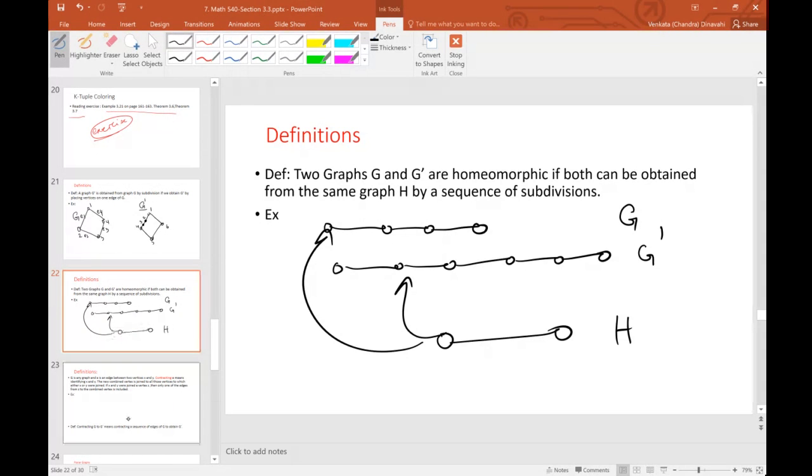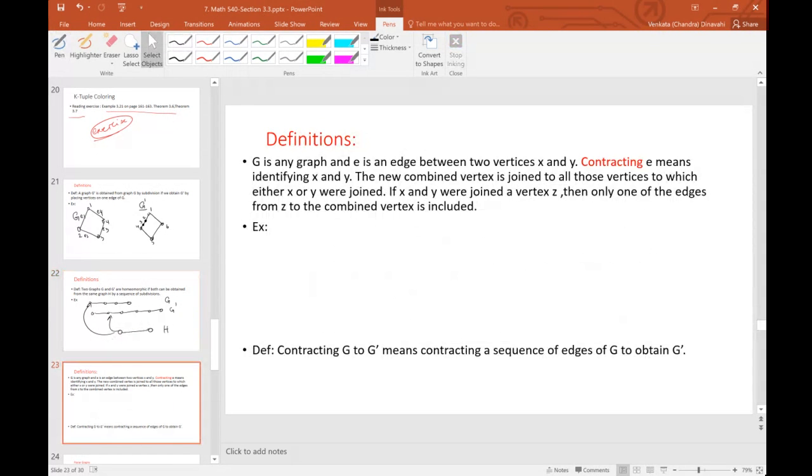Now one more definition is: what is the meaning of contracting an edge from a graph? I will explain with the help of an example. Take a graph. Let us take this graph.